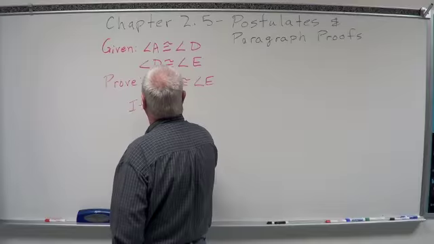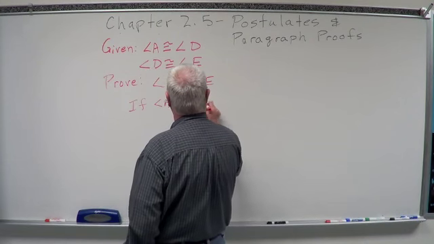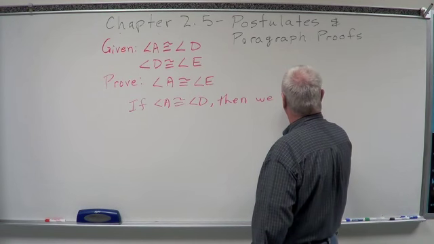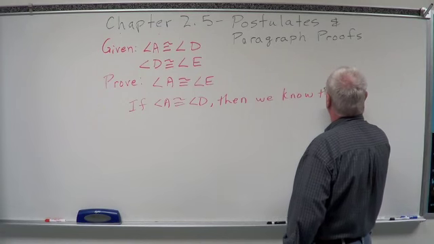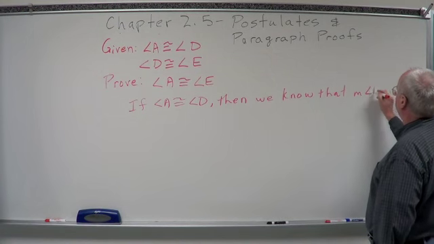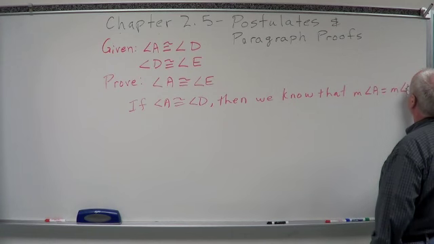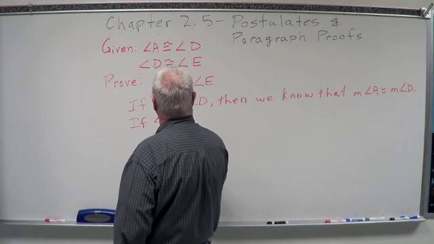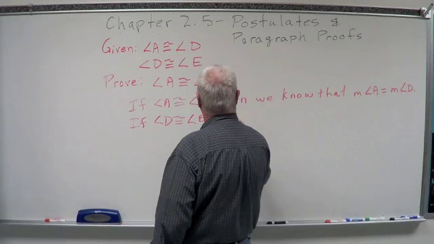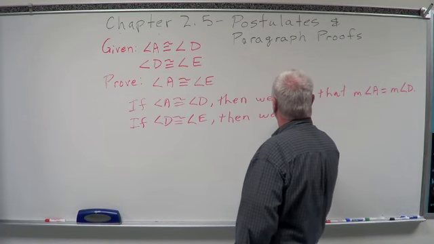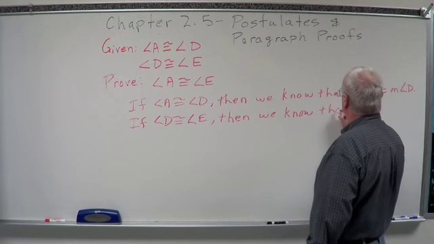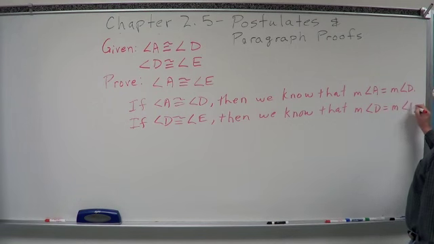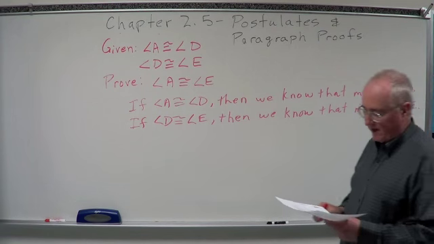If angle A is congruent to angle D, then we know that the measure of angle A equals the measure of angle D. If angle D is congruent to angle E, then we know that the measure of angle D equals the measure of angle E. Okay?